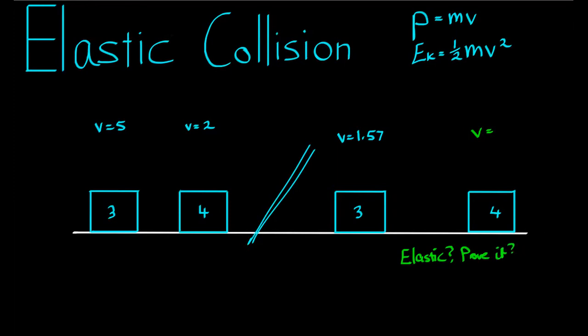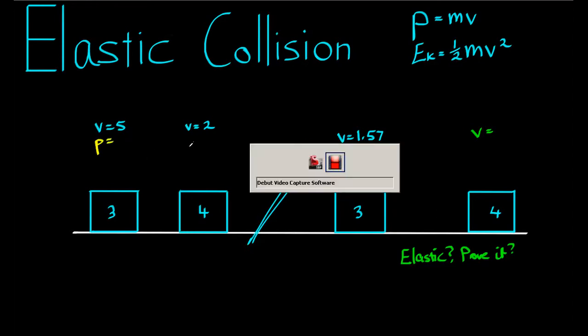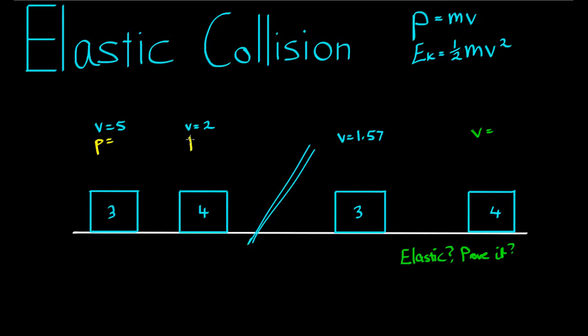In order to find this velocity, we're going to need to know a few other values. We're going to need to know the momentum of this box here, the net momentum here, and the net momentum here.